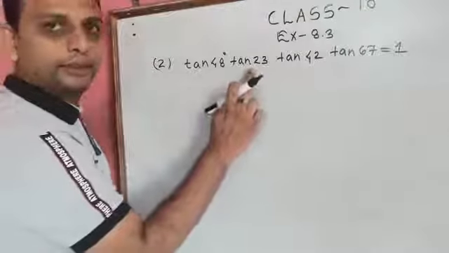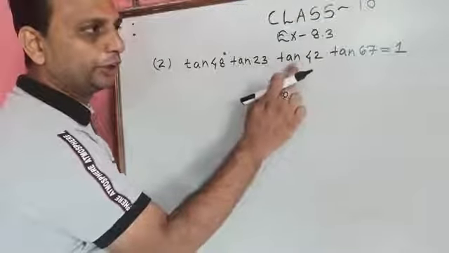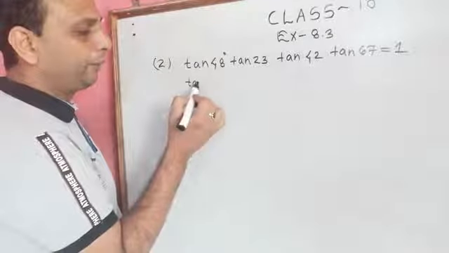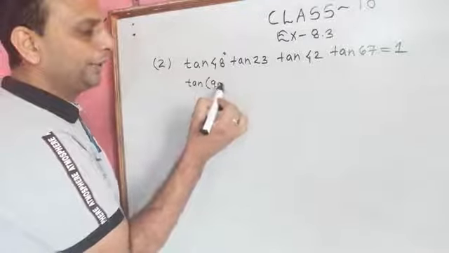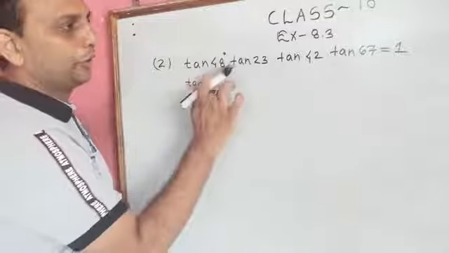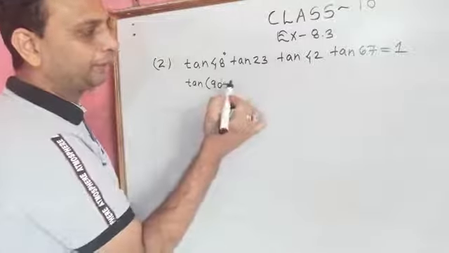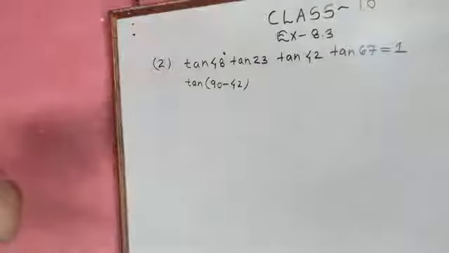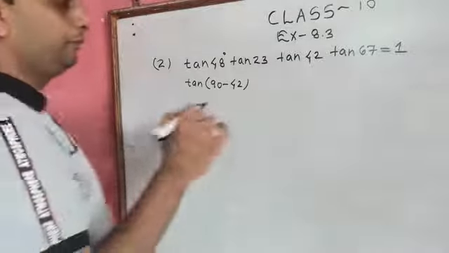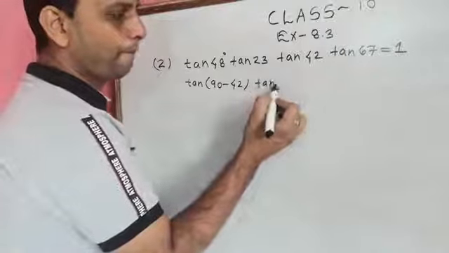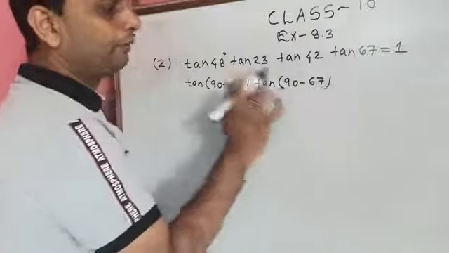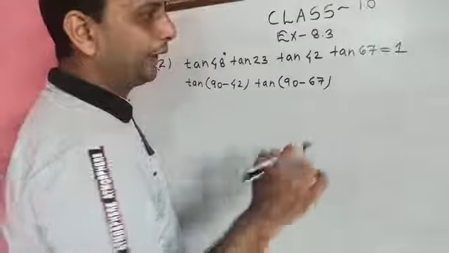Now tan 48, tan 23, tan 42, tan 67 equal to 1. So tan 42 degree will be equal to cot (90 minus 42), because 90 minus 42 will be equal to 48 only, and tan 67 will be cot (90 minus 67), because 90 minus 67 will be equal to 23.